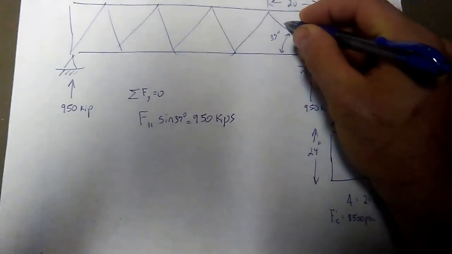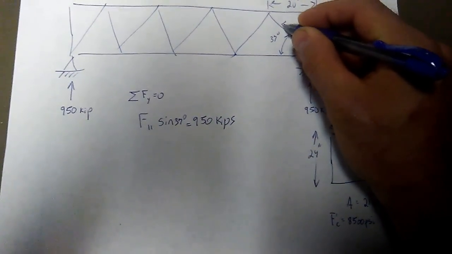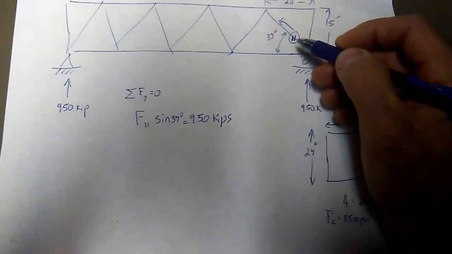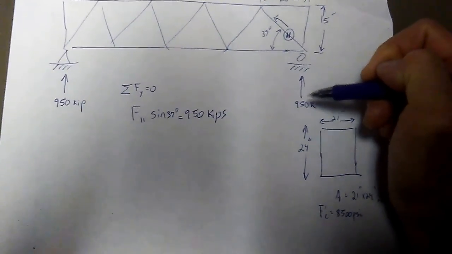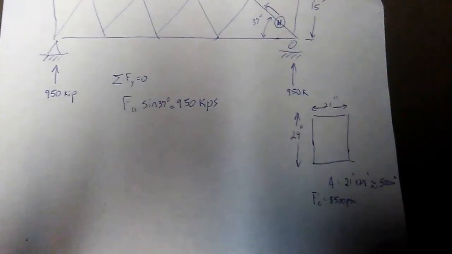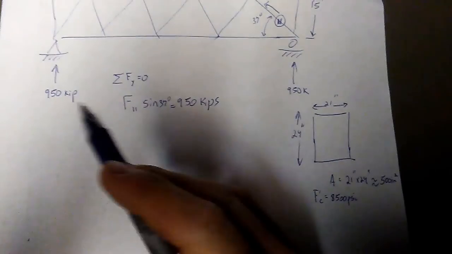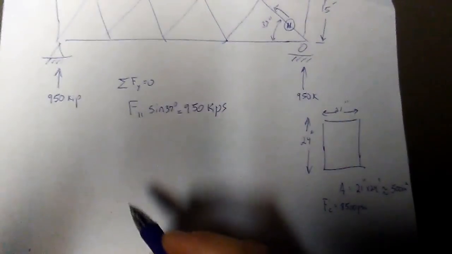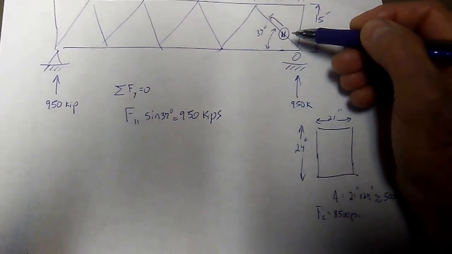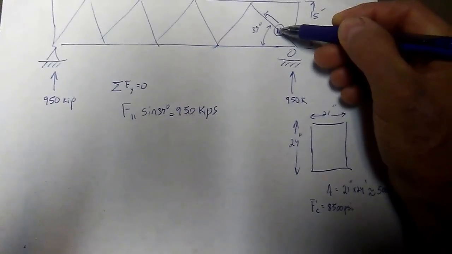That's this force right here. We have to find its vertical component, and that vertical component has to equal 950 kips. This is a basic statics equation: sum of vertical forces equals 0, and sum of horizontal forces equals 0. In this case, we're only worried about the vertical force from this diagonal.